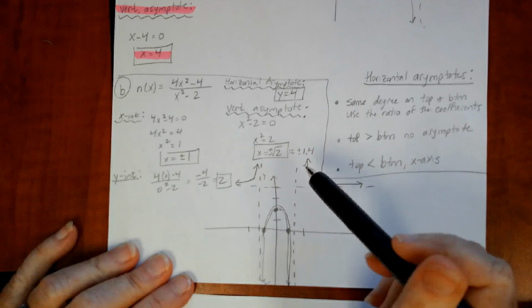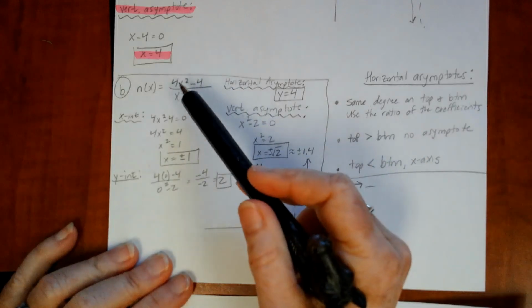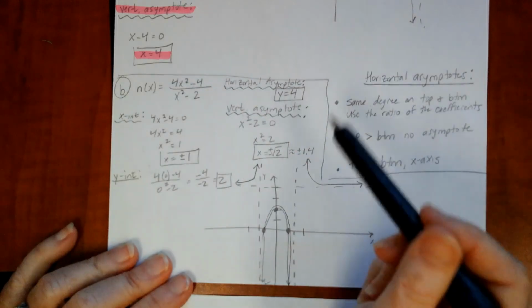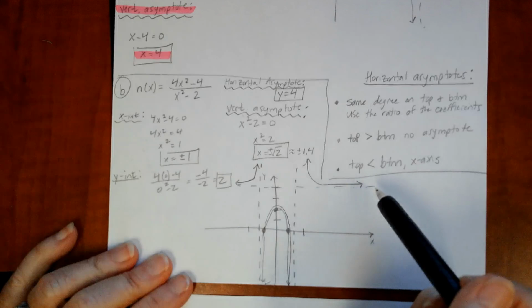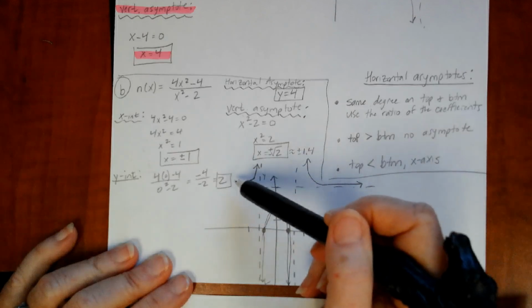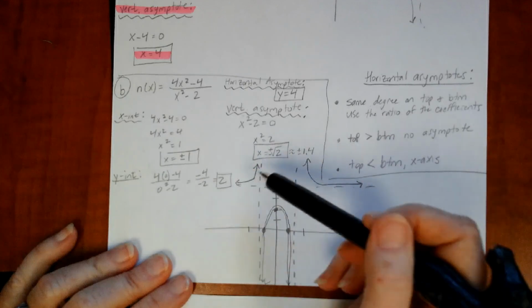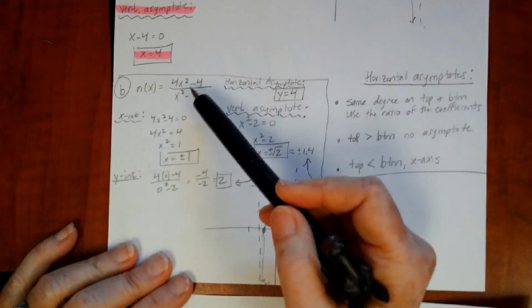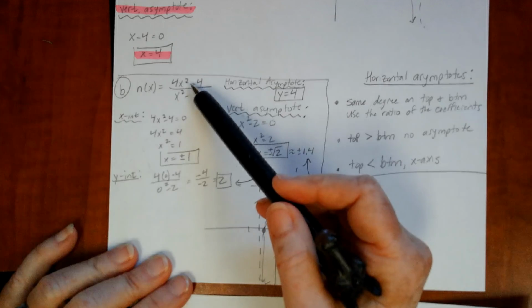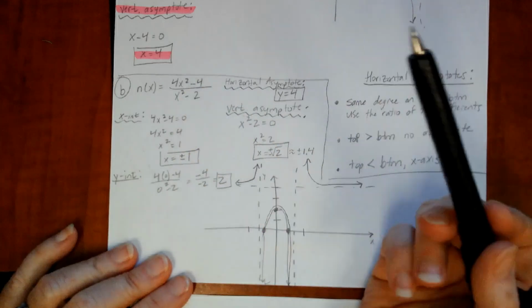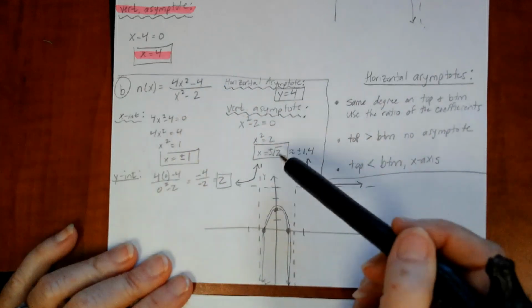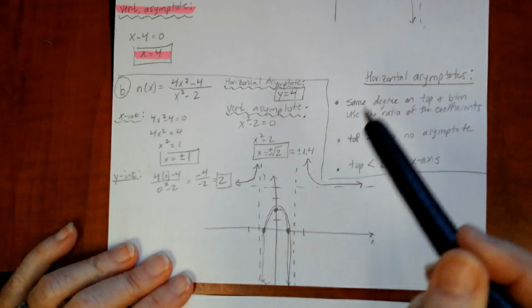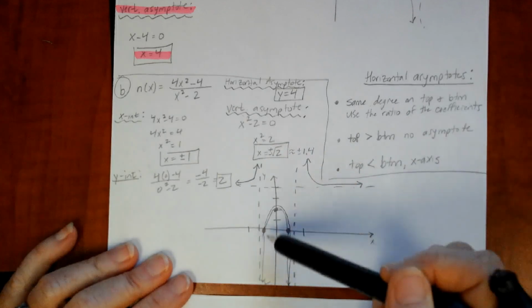It's going to be positive and tend toward 4, so I knew this had to go up here like this. And then over here, the same thing if I plug in negative infinity. When it gets squared, it's going to turn positive anyway, and this is also going to tend toward 4. So your graph will have these 3 branches on it. And that's it.